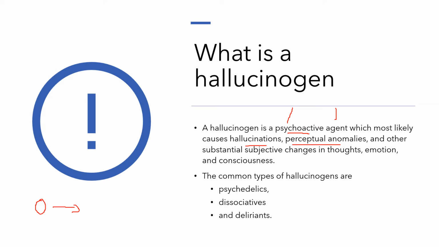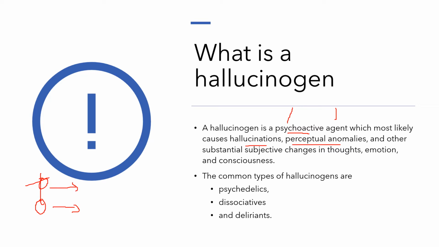So it is an anomaly. It is different. It is perceptual distortion rather than deception. Perceptual deception is hallucination, when there is no stimulus present. There is no stimulus and then you still perceive something.